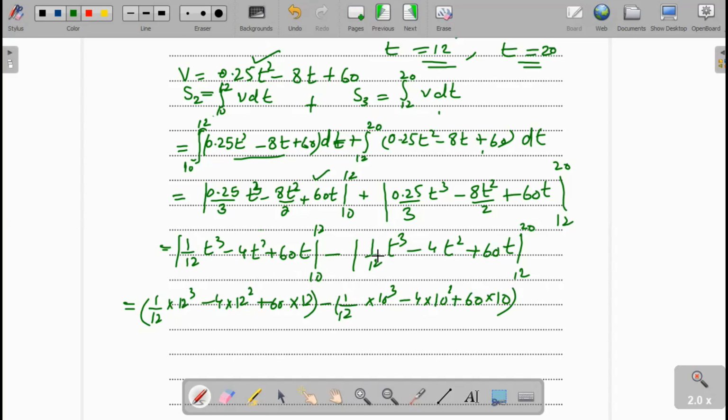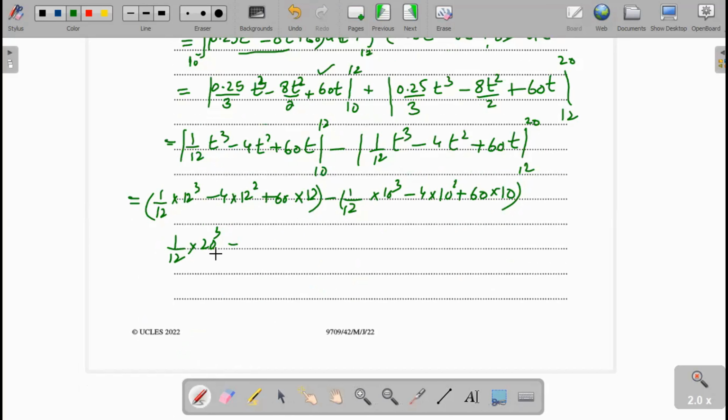For the second expression, we have (1/12)(20³) - 4(20²) + 60(20), minus the value at 12: (1/12)(12³) - 4(12²) + 60(12).